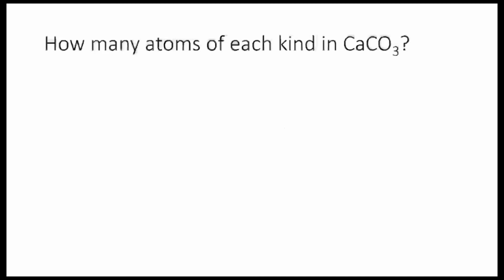So carbonate is a polyatomic ion, but it can be broken down into carbon and oxygen. As we're going through this, you can see that there is only one calcium present. So we have one calcium, and then your carbonate is made up of a carbon with 3 oxygens attached to it.